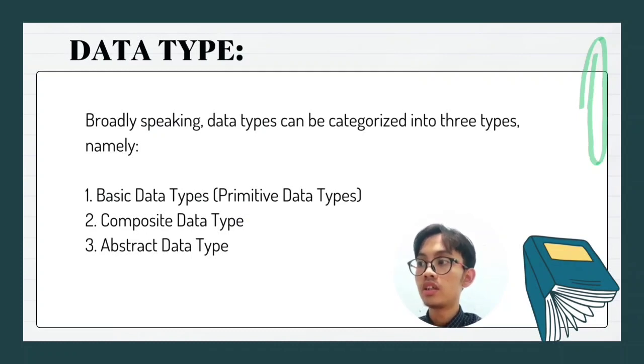This ADT provides a high-level specification for a data type that defines the operations that can be performed on that data type, but does not state how to implement these operations.